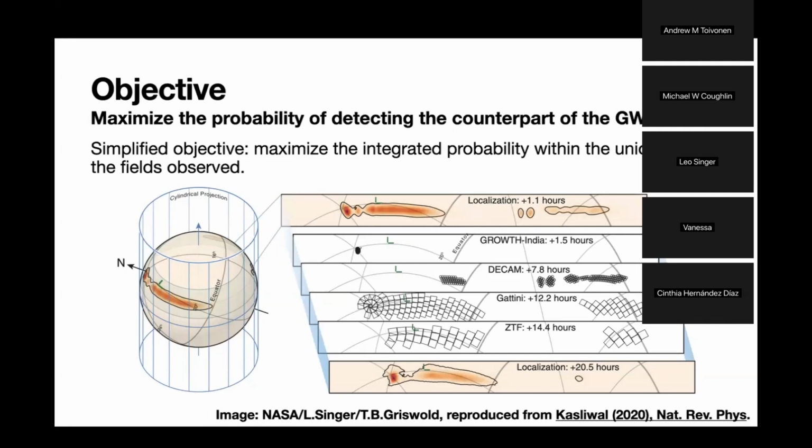We have to consider that we know something about what the light curve looks like. And so if we want to detect it, we want to schedule the observations when we think that the signal is going to be bright. If we schedule the observations too late, then the source will have faded away. So the simplified one is just considering the gravitational wave. That's right, yeah.